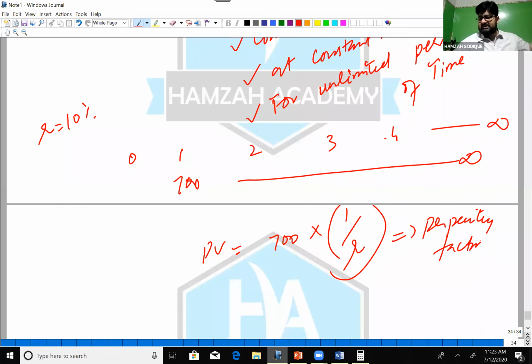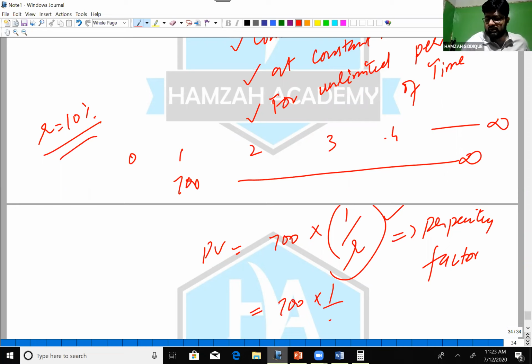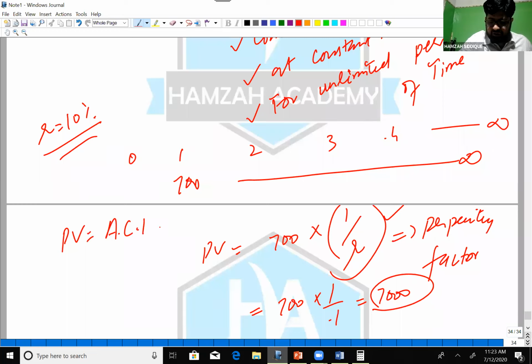I can tell you how it is derived, but that is not part of our syllabus. Not testable in exam. R is equal to 10%. So 700 into 1 over 0.1, 7,000. Present value of perpetuity.